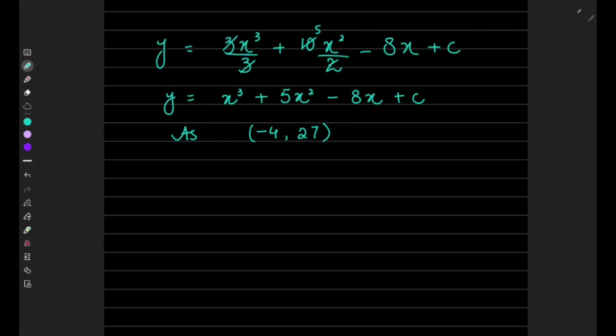As this point lies on the curve, it must satisfy. So using this, we will be finding the constant of integration.